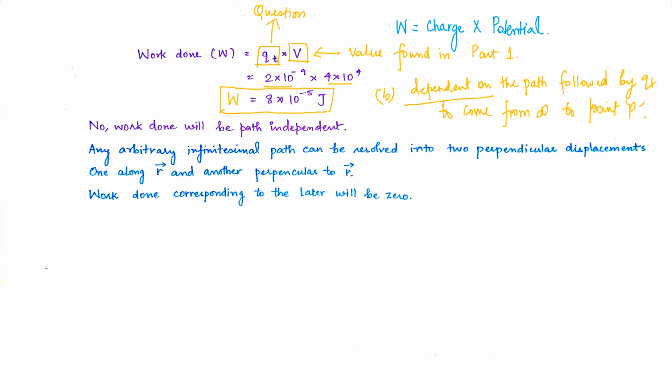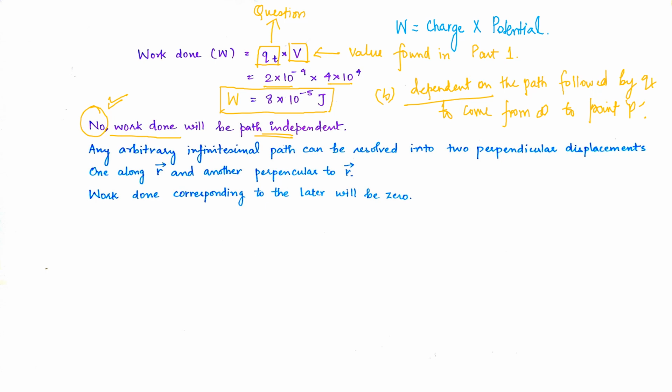We have read in the introduction part of our chapter 2 that work done is a path independent quantity. So the work done will not depend upon the path followed by Qt to come from infinity to point P. So the answer will be no. Work done is path independent.